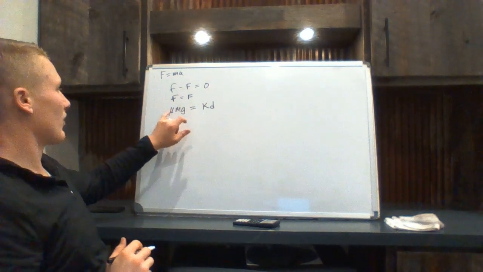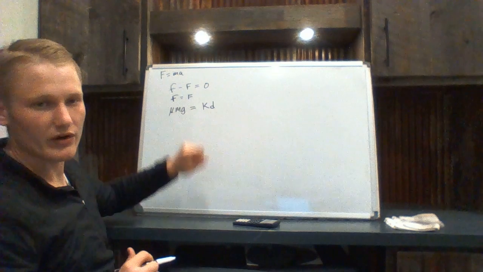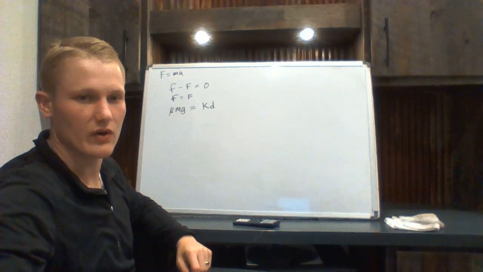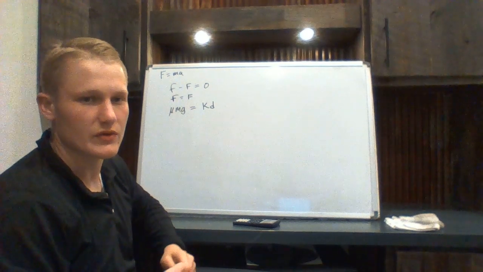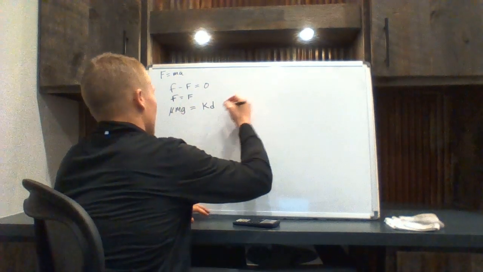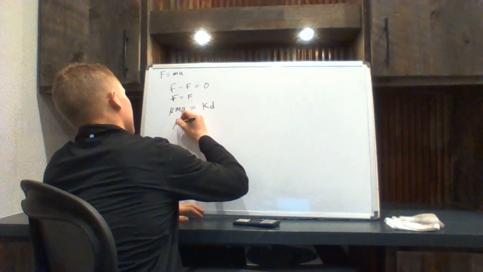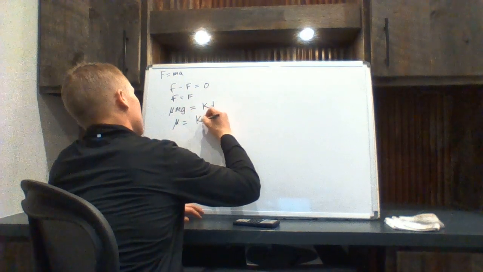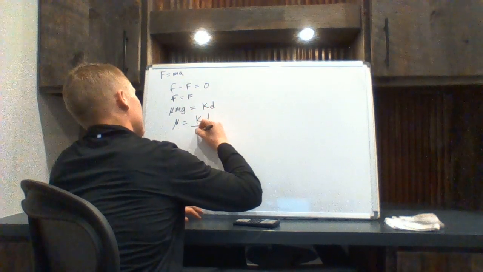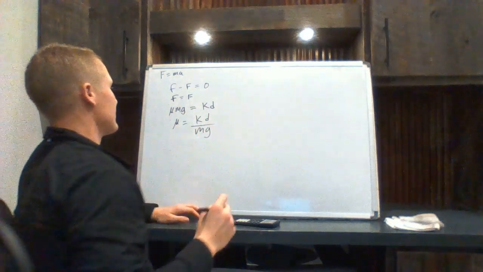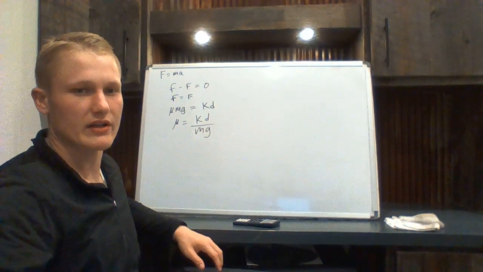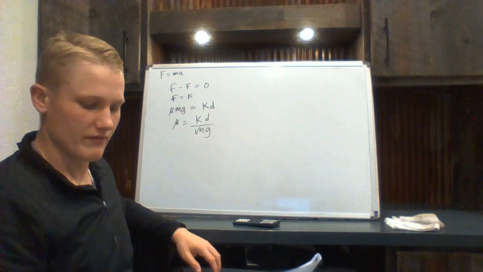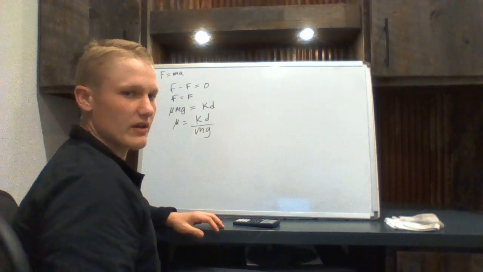So what we're trying to solve for is our friction coefficient. So we can just go ahead and solve for that. Friction coefficient equals kd divided by mg. Now I believe we have all of our values for that. We do.